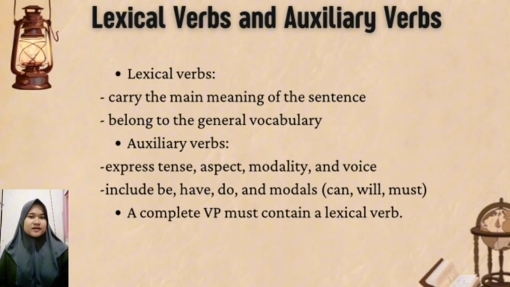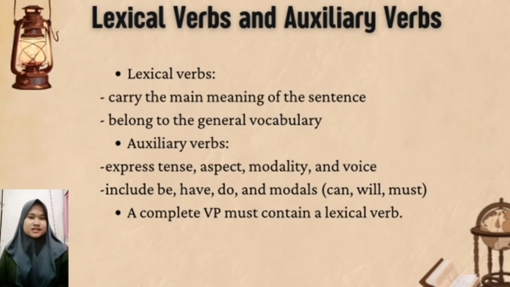And then lexical verb and auxiliary verb. Lexical verbs are verbs that carry the main content of a sentence. They belong to the general vocabulary of the language, such as run, eat, explain, and prepare. Auxiliary verbs, by contrast, form a small and restricted class of verbs.